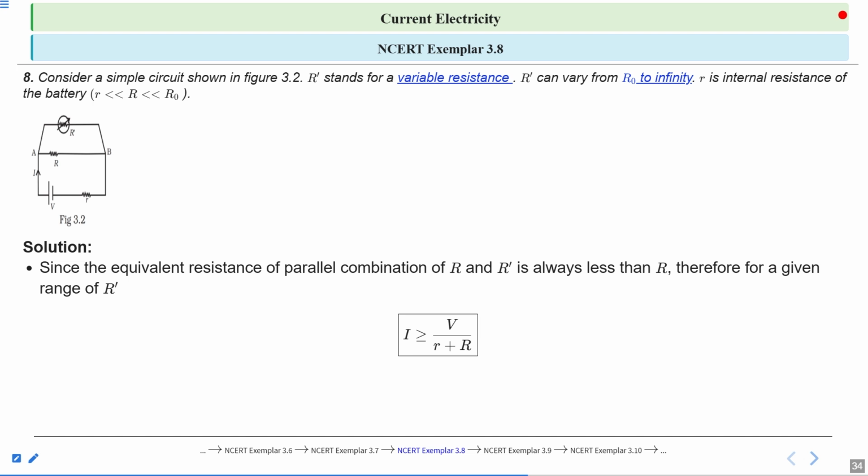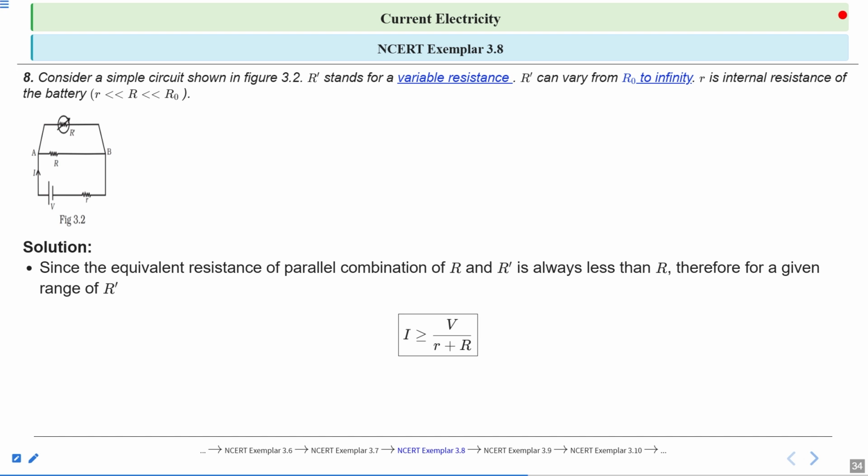So the current will be less. This term V upon small r plus R is less than the previous term. So current will always be greater than or equal to V upon small r plus capital R. If we start increasing the value of the denominator, this term gets smaller.